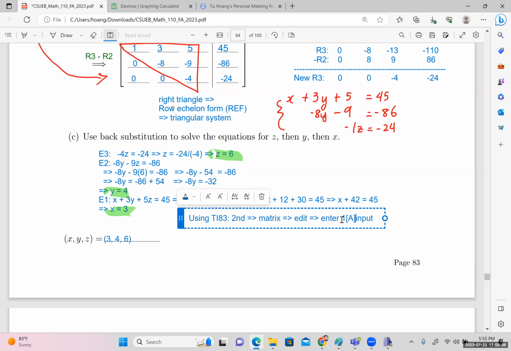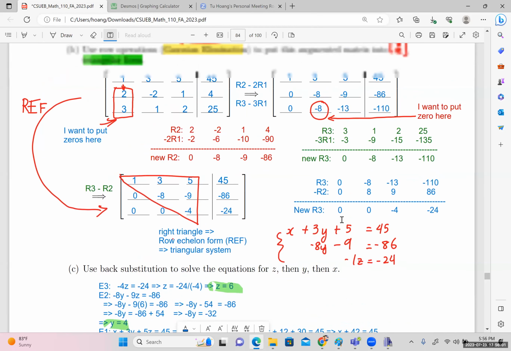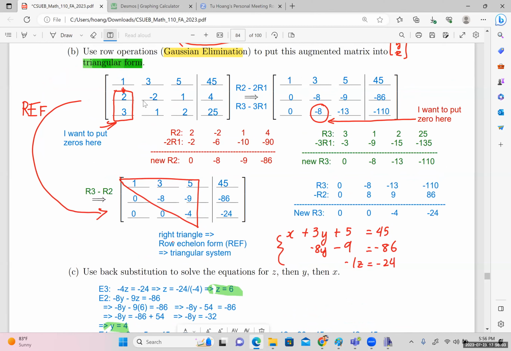We're gonna use the matrix A, right? And then we input the dimension first. Change the dimension to be 3 by 4, right?